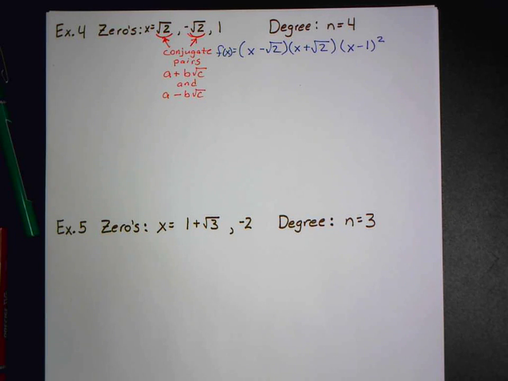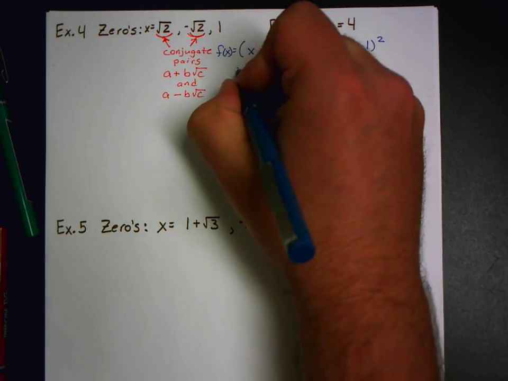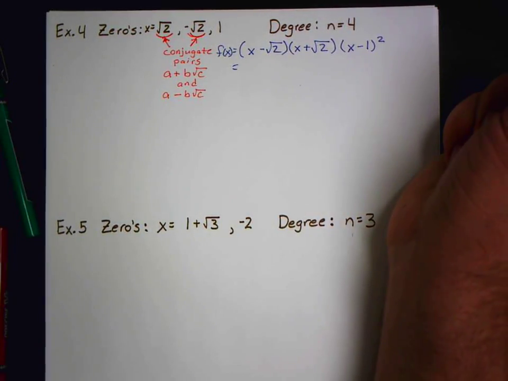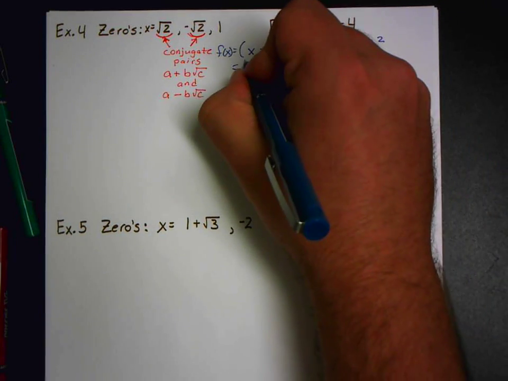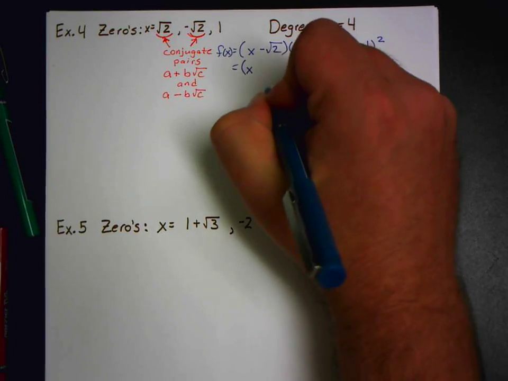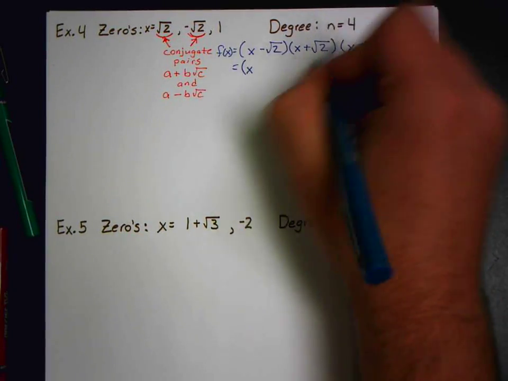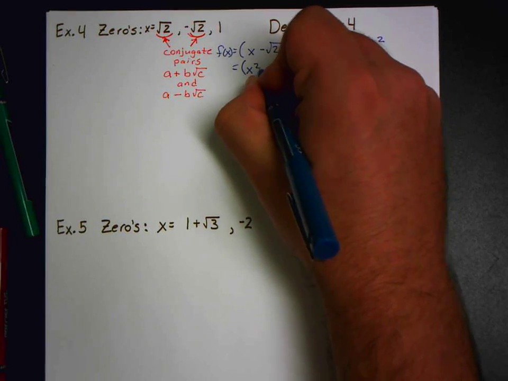Never multiply them with something else. First of all, they'll always end up being difference of squares. So they will always cancel out your square roots. Let me do this first one the long way, just to show you that.